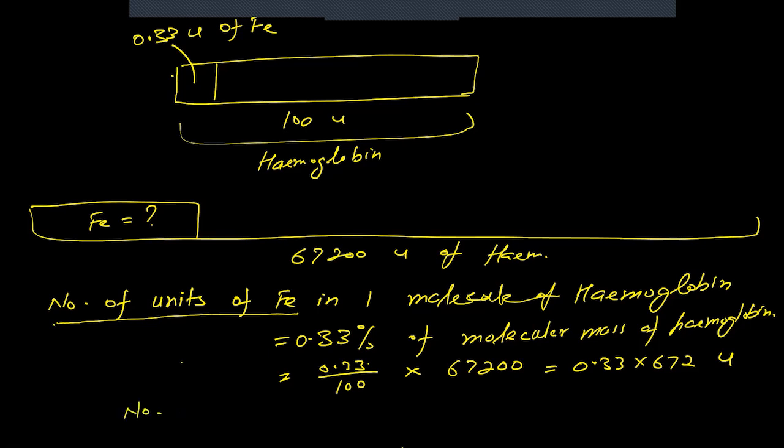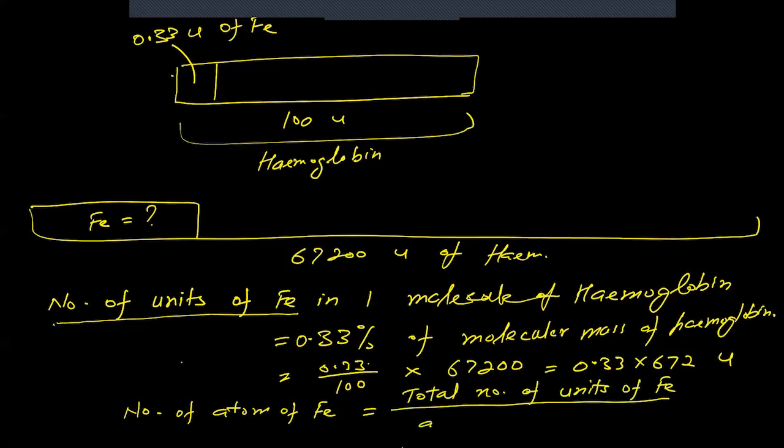So the number of atoms of iron will be the total number of units of iron divided by the atomic mass of iron, or you can say units in one iron atom.